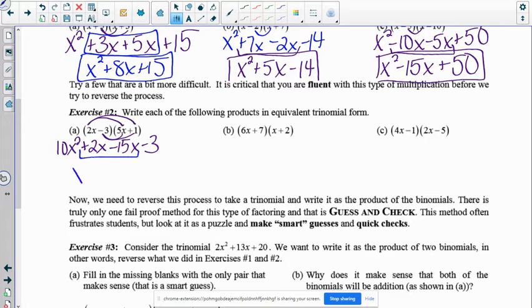I combine my like terms. Also remember that you can at any time pause this, rewind it, and rewrite if you need to. You could also pause it, take some time, go ahead and do B and C on your own if you want, or you can just keep following me.